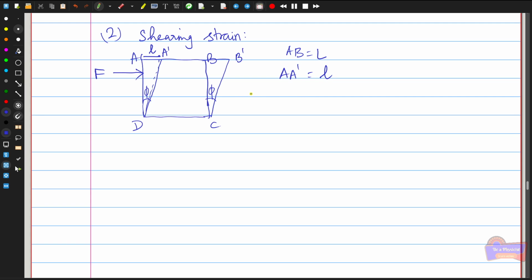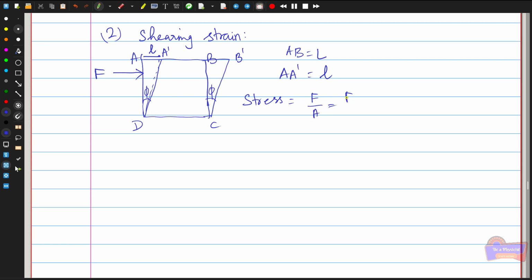So the stress, as we already know, is equal to F by A, where the area of cross section is nothing but L squared.